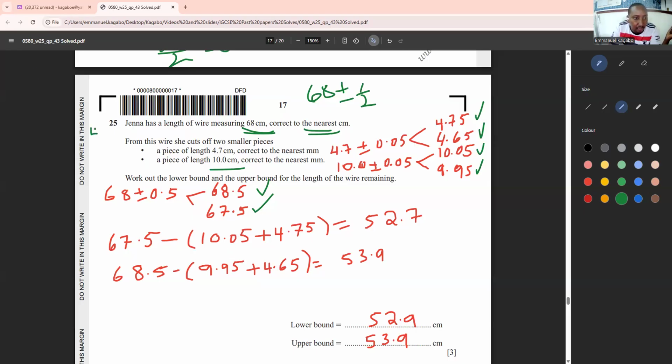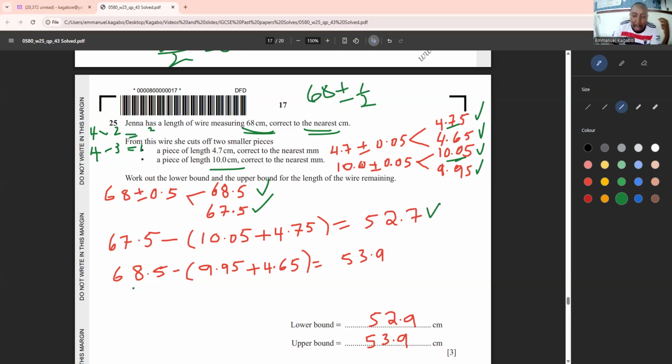So for instance, if I have 4 minus 2 and you have 4 minus 3, which one is bigger? This is 2 and this is 1. So when you take away a big number, that's when you're going to have lower bound. So that's why you get your lower bound minus the upper bound of your side. So upper bound of that is this, and upper bound of that is that. So I get my lower bound.